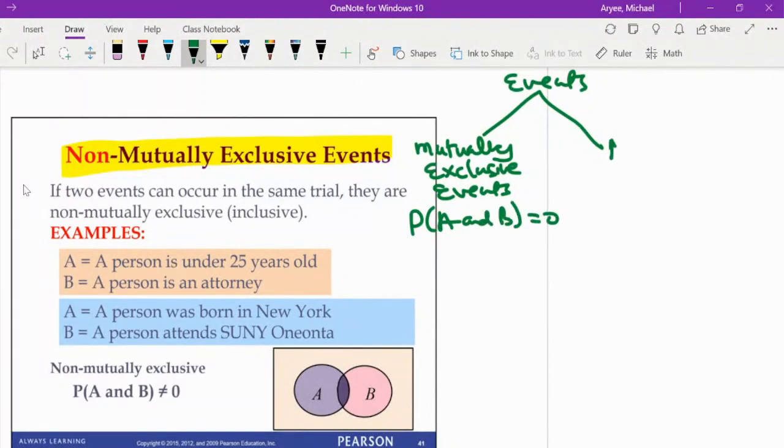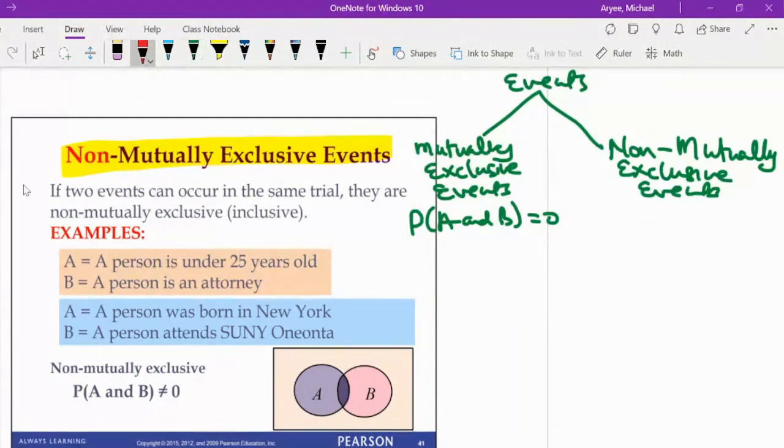Or we could have non-mutually exclusive events. Now, mutually exclusive events means that they cannot occur together. All right.